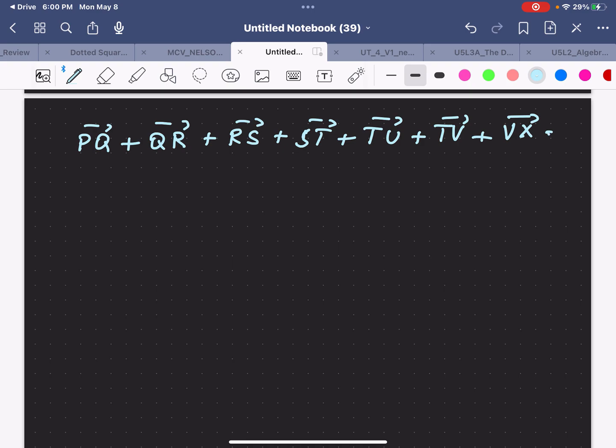We're going to stop. And the answer will be equal to the tail of the first and the head of the last.